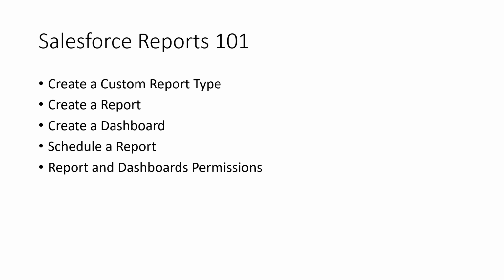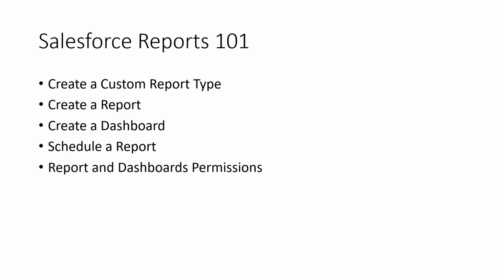Okay, so for today's webinar, this is going to be the basics on reports, because we need to understand first how things work on Salesforce Classic, and then we're gonna see some reports on Lightning as well. We will cover the next topics. We are going to create a custom report type, so you're gonna see how to create your own report types in case the standard report types don't suit you.